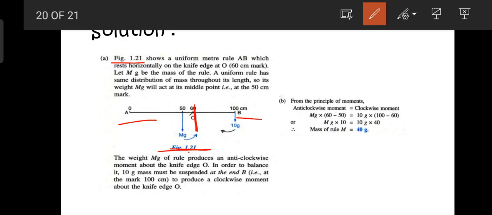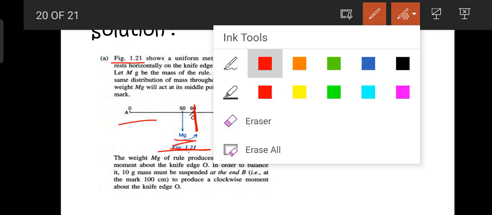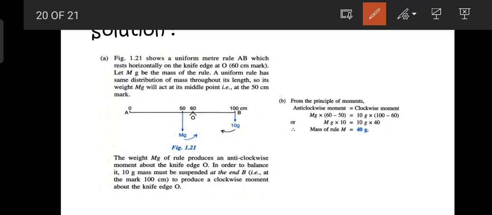The knife edge is at 50, it is the pivoted point. Let mg be the mass of the rule. A uniform rule has the same distribution of mass through its length, so its weight mg will act at the middle point. I have told you, it will act at the middle point, which is 50 centimeters.